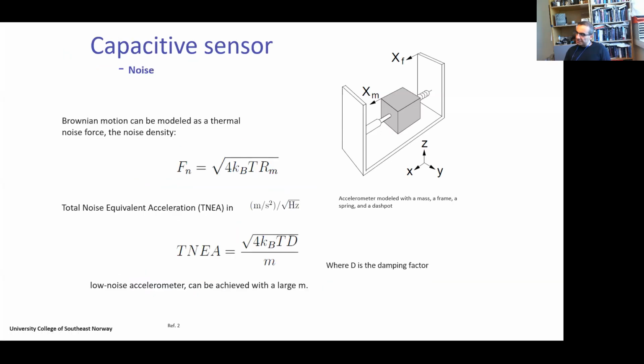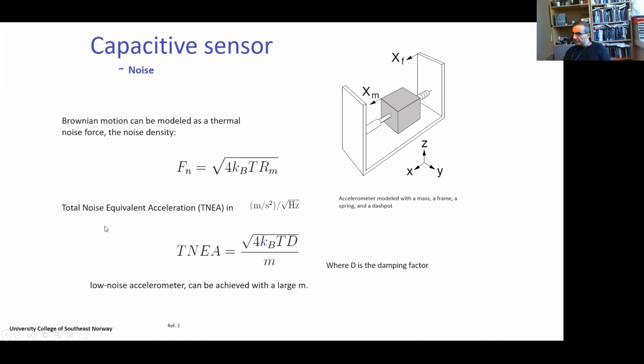These kinds of structures also have their own noise, which can be modeled by the Brownian motion, given by this equation here, where we see temperature as an important factor, and also the damping and decay.